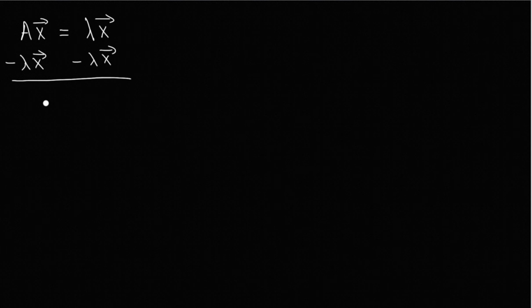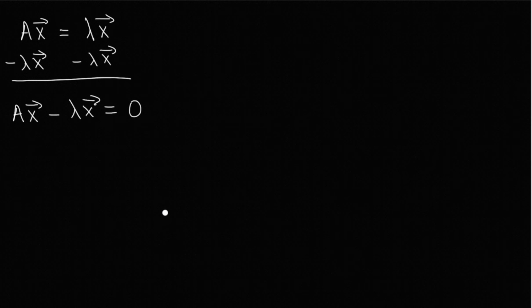Now when I do that, they're going to cancel out on the right side, leaving me with a 0. But on the left side, I'm going to have Ax minus lambda x. So now I've got both terms on the left side of the equation together.